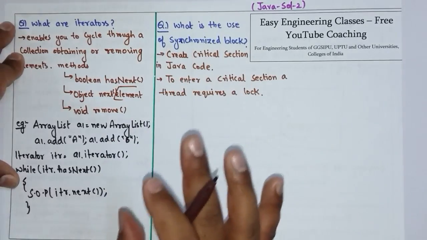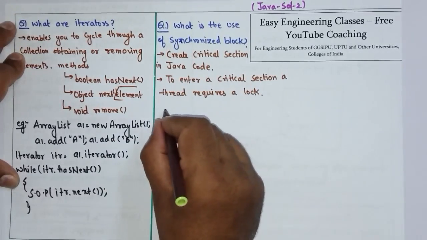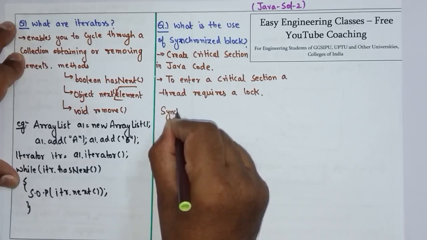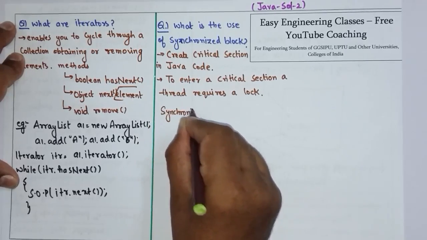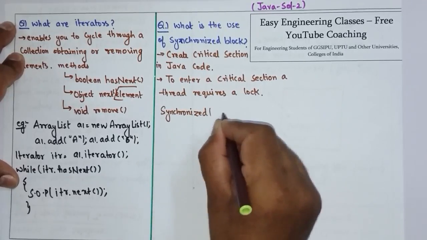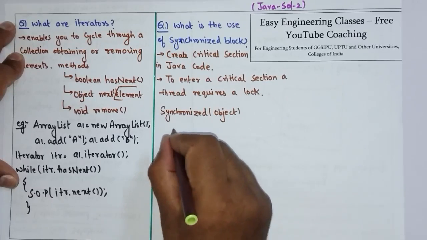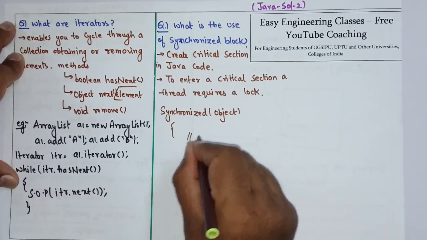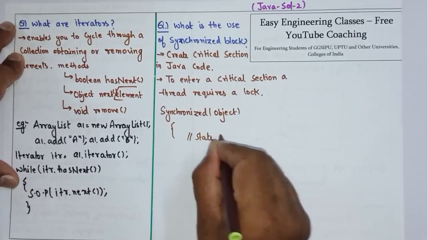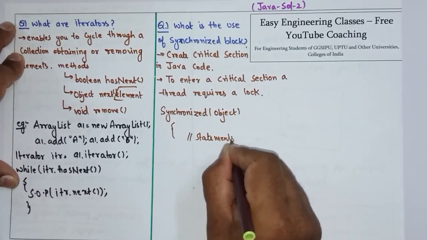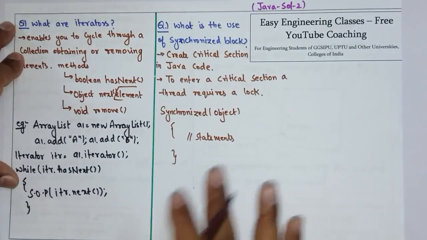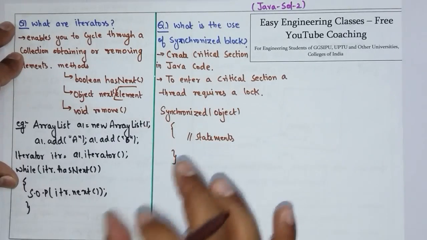So this is about the synchronized block. You can write like this. A synchronized block का example आप लिखते हैं तो synchronized, then specify the object on which you want to synchronize your program and the block. There are the statements like this. So this block will be synchronized.